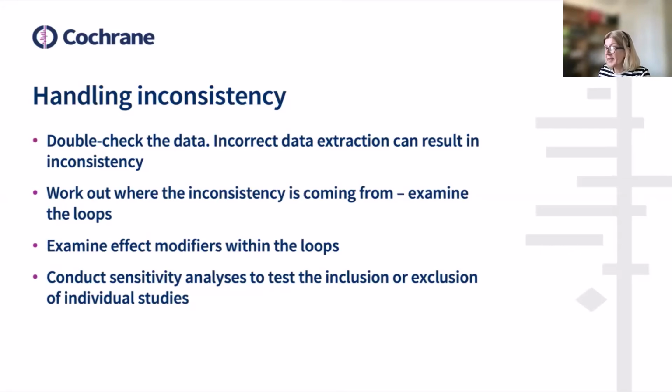You can examine the effect modifiers within the loops to see if the transitivity assumption may have been breached. And you could also conduct sensitivity analyses to test the impact on incoherence or inconsistency if you include or exclude particular studies which may threaten the transitivity assumption.